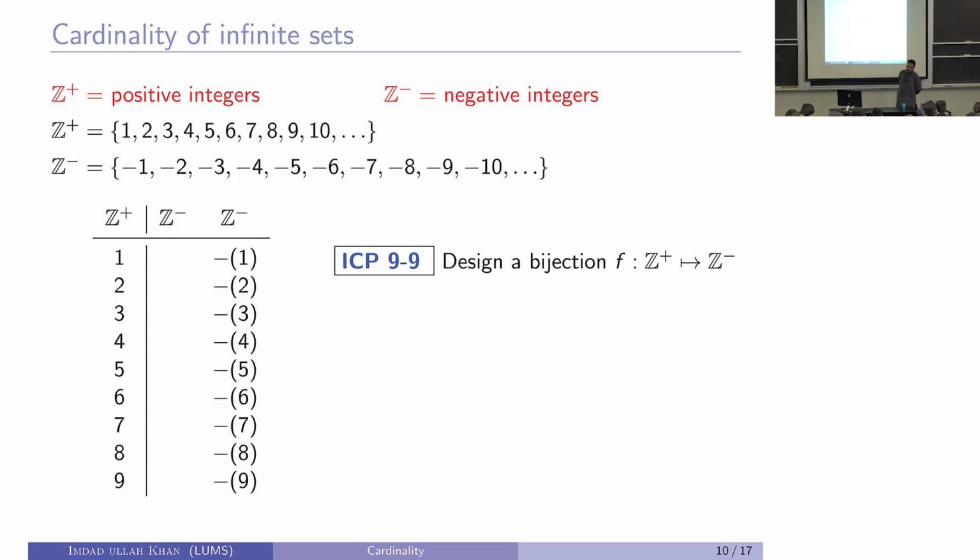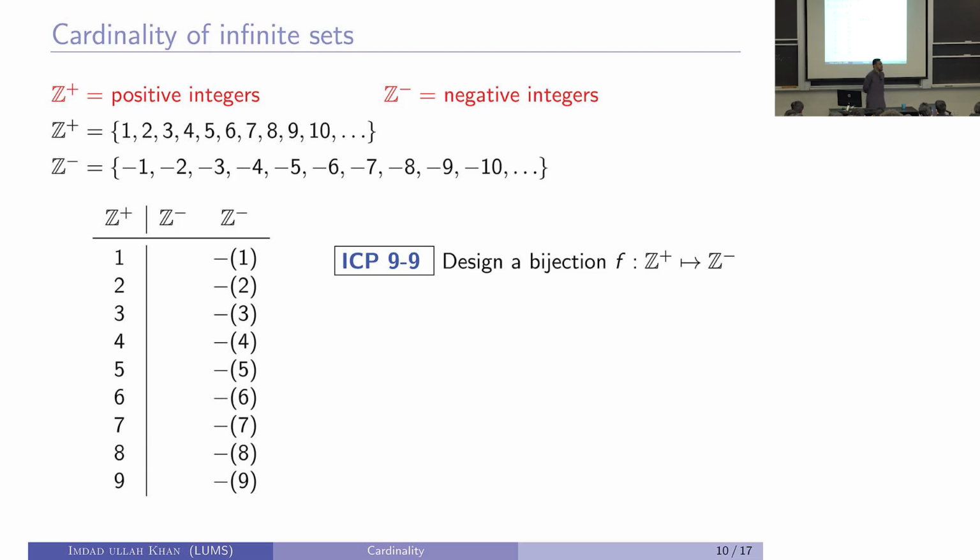Is it a bijection? Can it happen that negative 10 is not mapped to anything? Can any negative i not be mapped to anything? Where is negative i mapped from? From i, by that function. Could it happen that f of i and f of j are equal for different i and j?